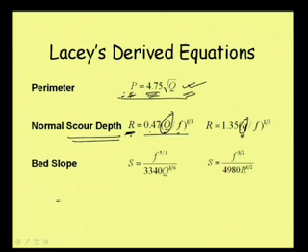Suppose in a channel we have this much depth, but we know that it may erode or it may deposit. If the depth is less, suppose it is flowing at this depth, and its regime condition depth is much higher, then it will erode and the ultimate depth may come up to this portion.